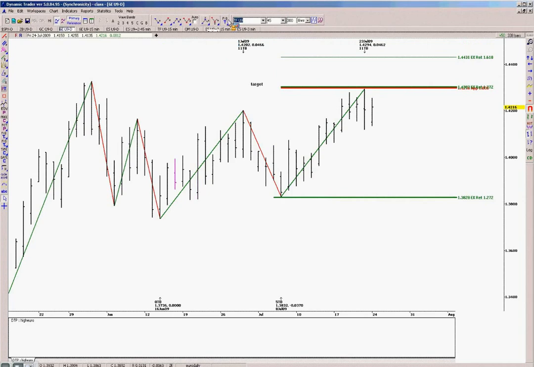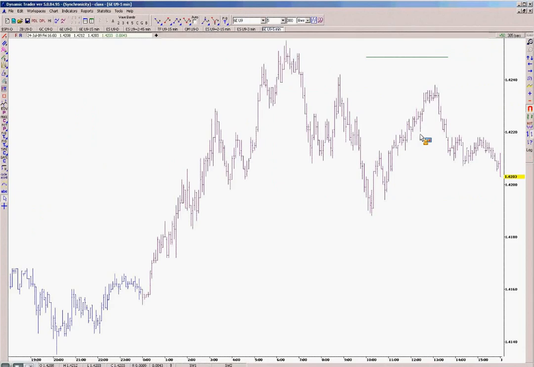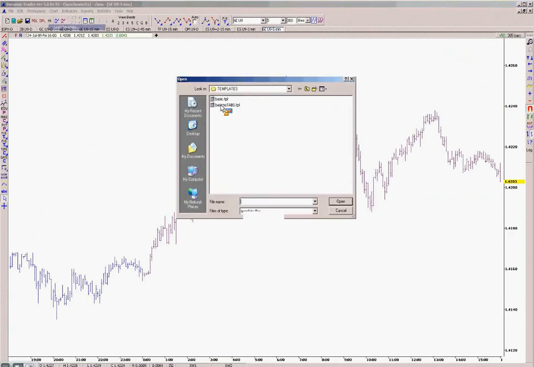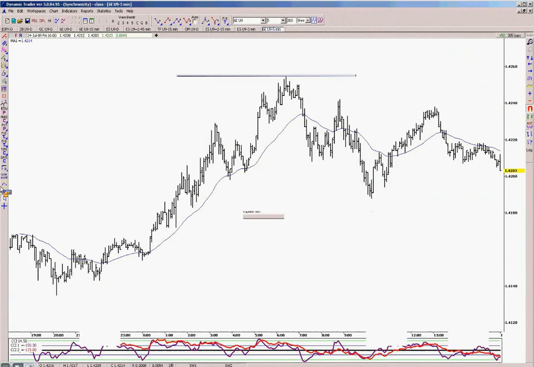So let's take a look at what a 5-minute chart would have looked like. Okay, 142.94. Oh, that wasn't where it was made.